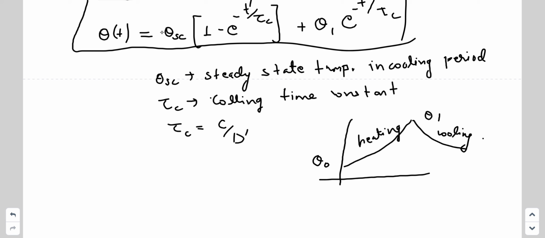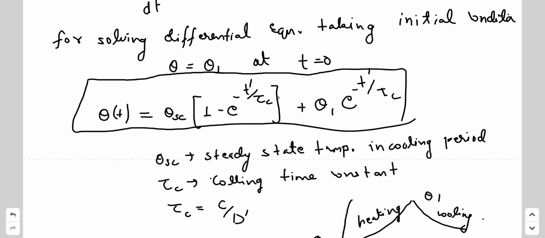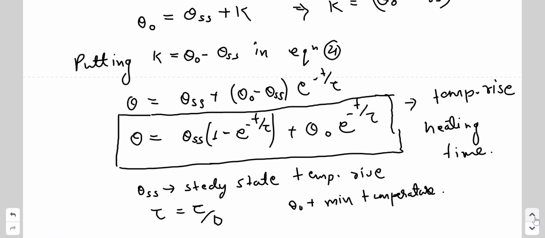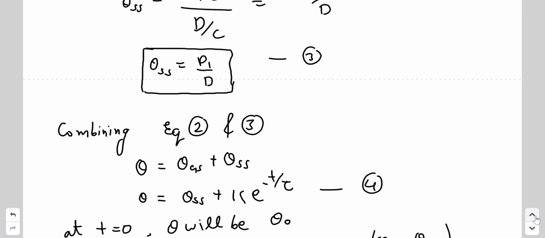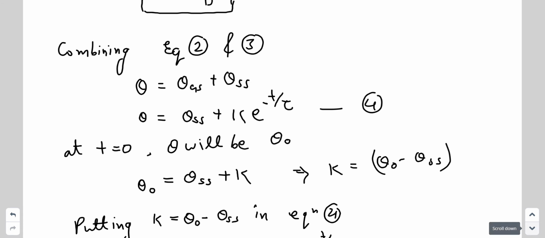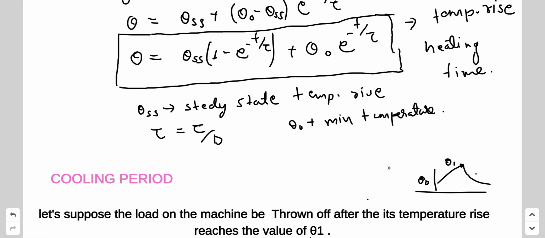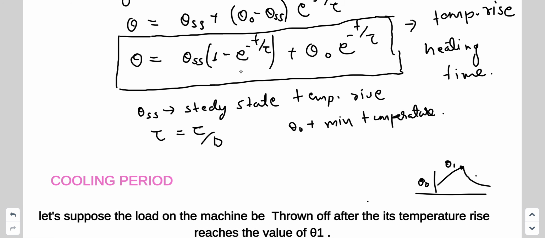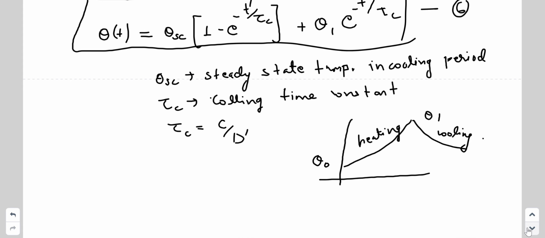Now we can write it in the minimum temperature, and this equation is equation 6. So this is all the derivation of maximum temperature and minimum temperature. We can write our equations in the form of maximum temperature and minimum temperature.